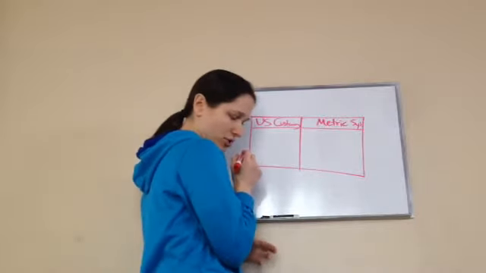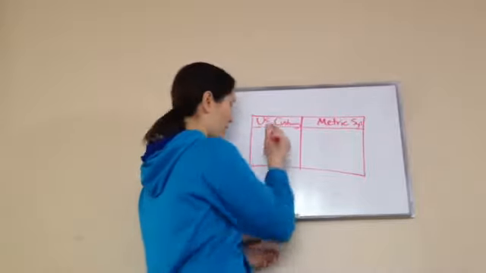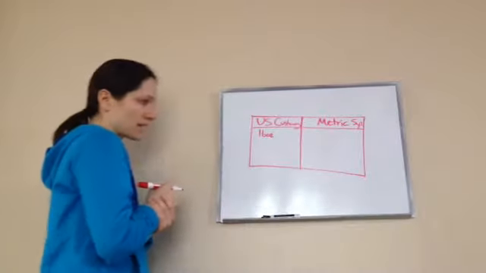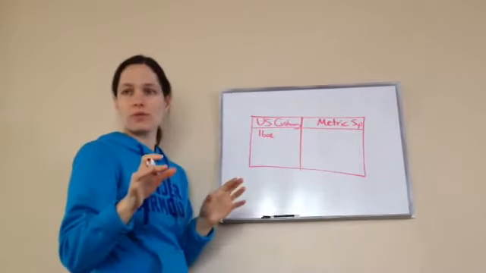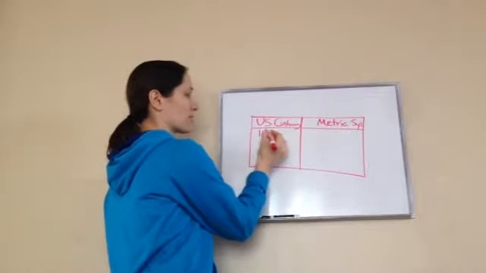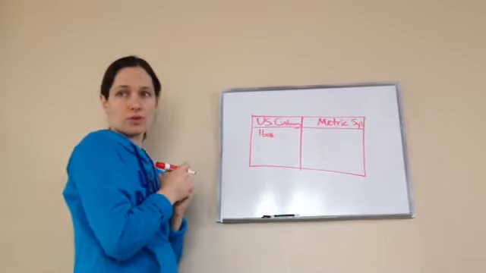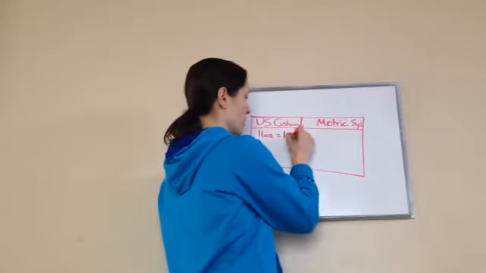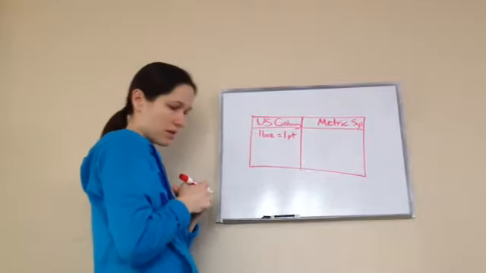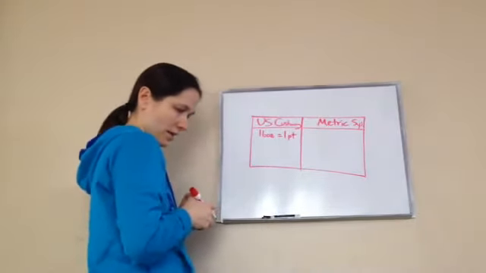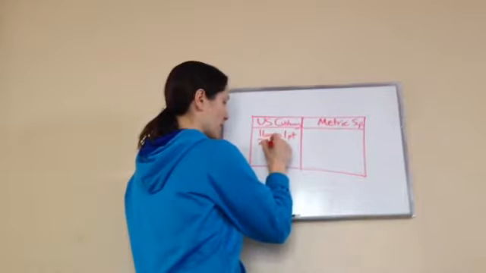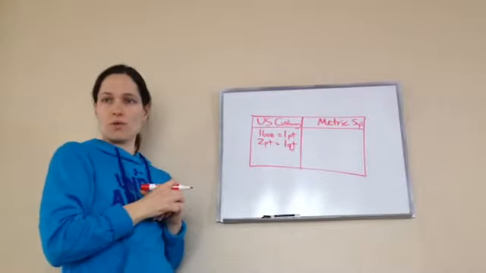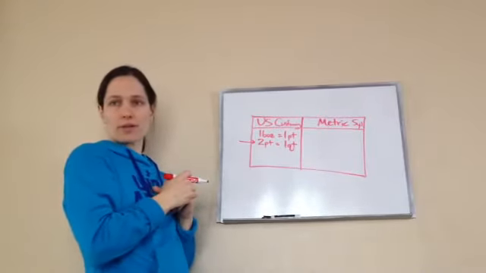Something I just want you to write down just for tools, just to have. 16 ounces, which we haven't learned about yet. 1 OZ, and I put this little line with the Z to show you that it's a Z and not a 2. 16 ounces equals 1 pint. 2 pints equals 1 quart, which we learned from our gallon man.